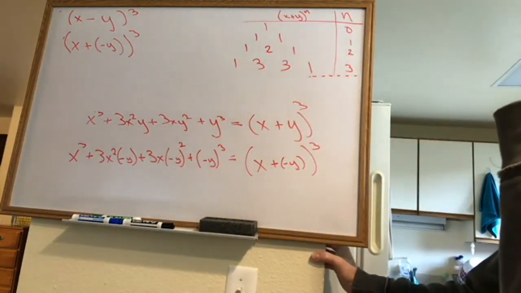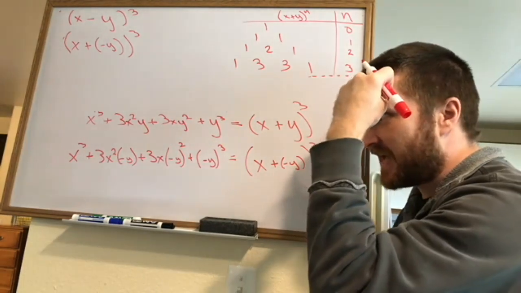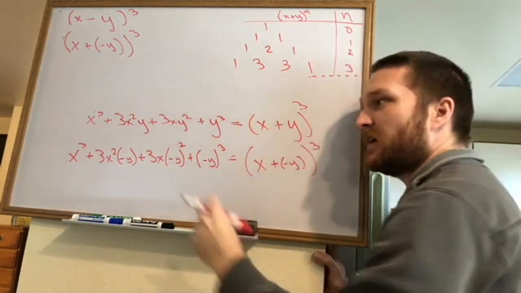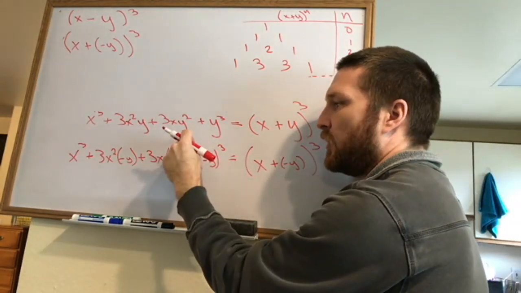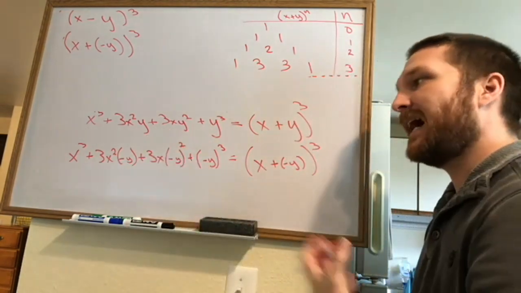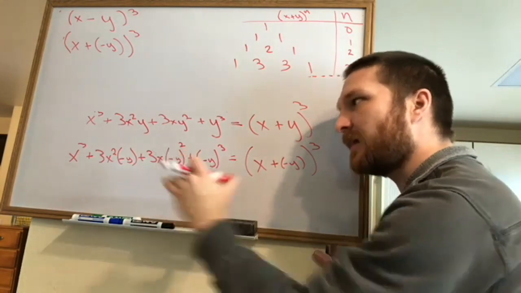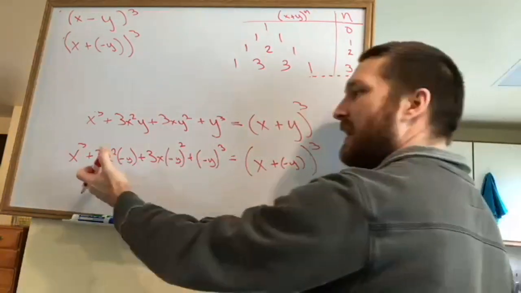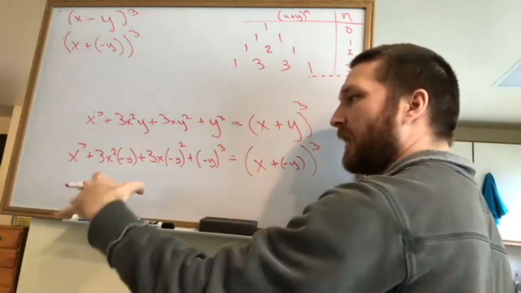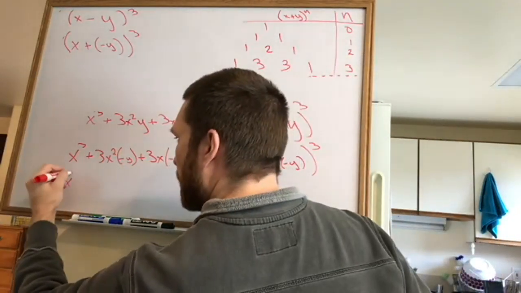And then I remember from our discussion last time, a negative raised to an even power is positive. A negative raised to an odd power is negative. So wherever I have odd powers, I'm going to pull out the negative. x cubed.